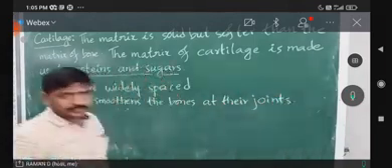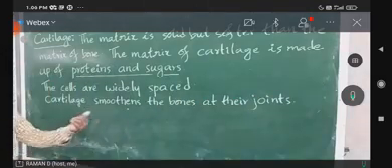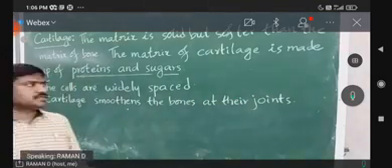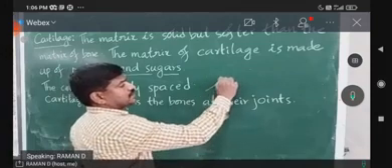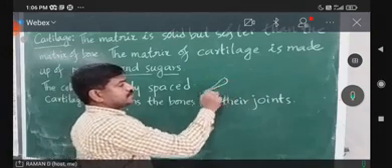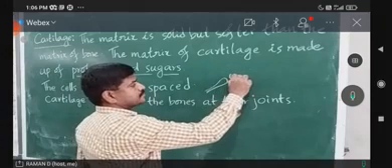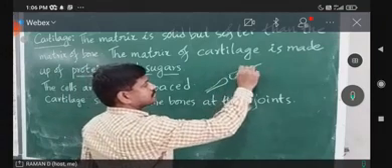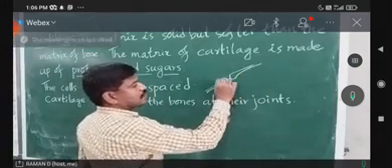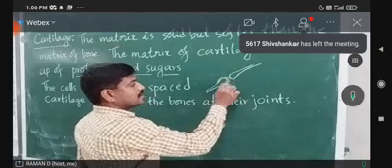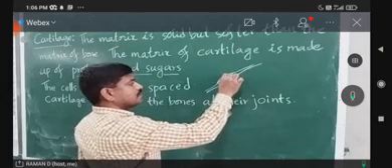Cartilage smoothens the bones at their joints. Means if two bones are getting attached with each other, the ends of the bones are covered with cartilage.